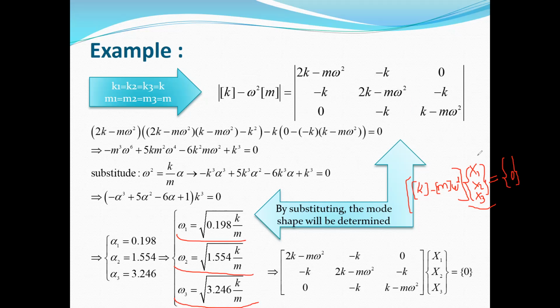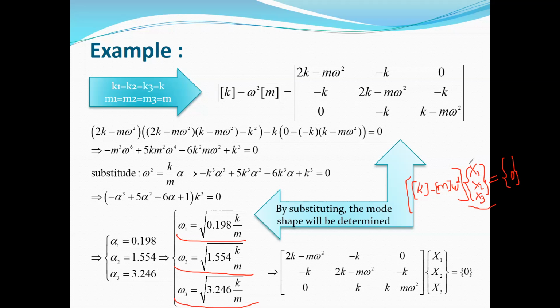But as you know, because we deal with an eigenvalue problem, when you substitute omega equal to omega 1, which is an eigenvalue of this system, instead of three independent equations we will have only two equations with three unknowns. So by solving this system of algebraic equations, we can obtain only a relation between x1, x2, and x3, similar to the 2DOF systems.